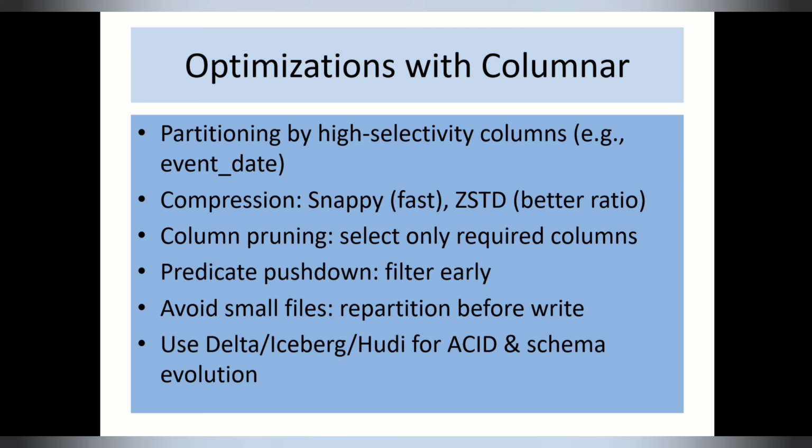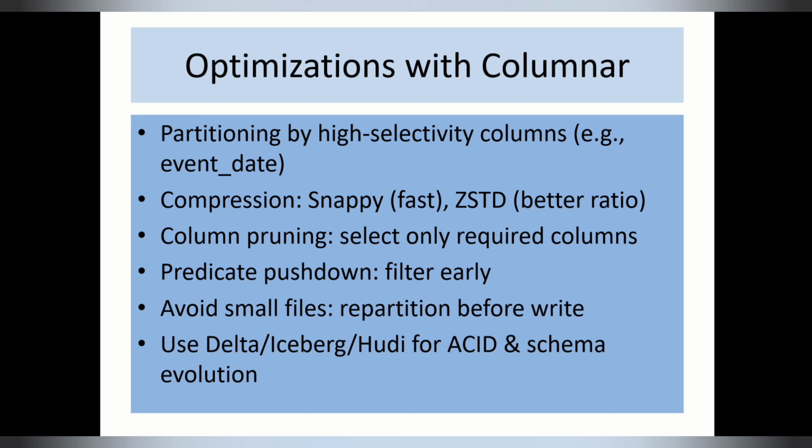Let's discuss further optimization with columnar. What do you get if you work with a columnar file format like Parquet? Partitioning by high selectivity columns, like event date.